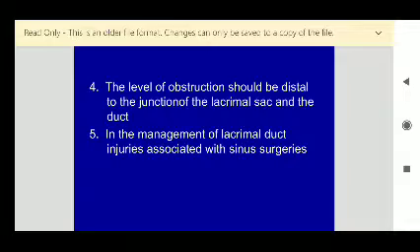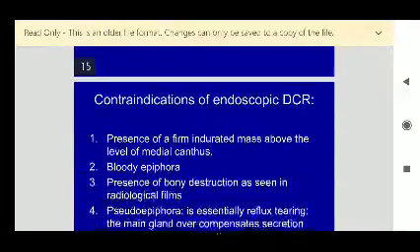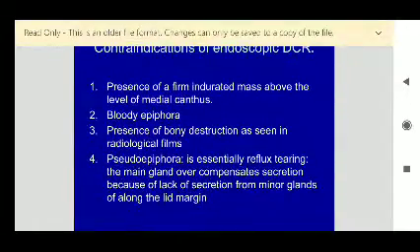It is also indicated in the management of lacrimal duct injuries associated with sinus surgeries.